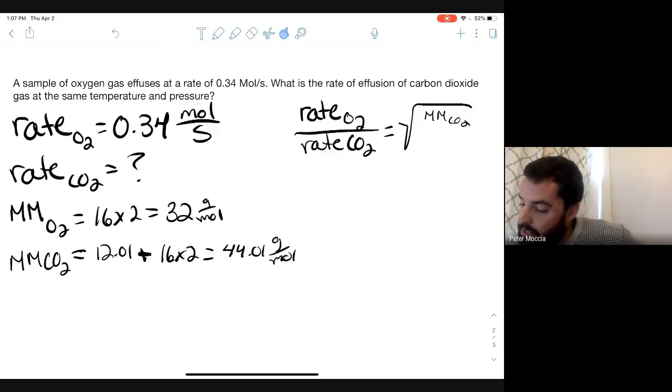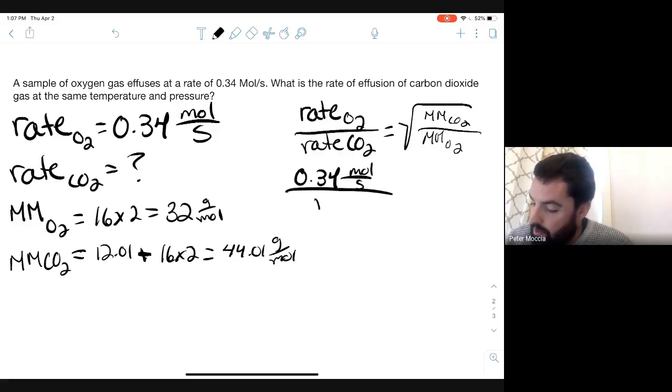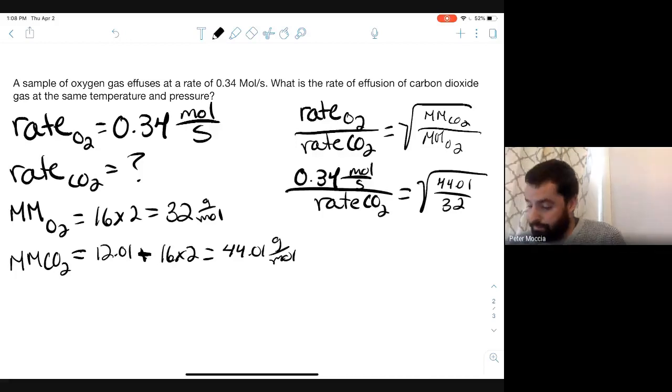So then I'm just going to go 0.34 moles per second over the rate of CO2 is equal to the square root of 44.01 divided by 32.